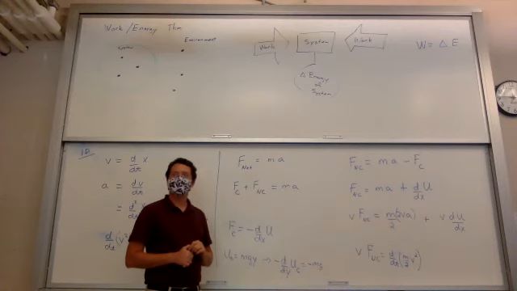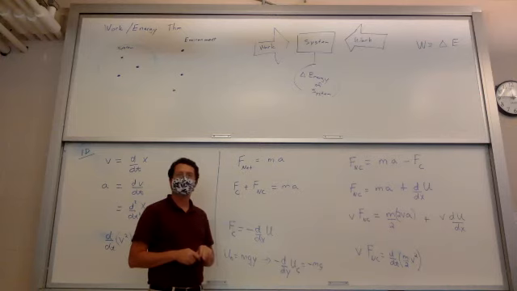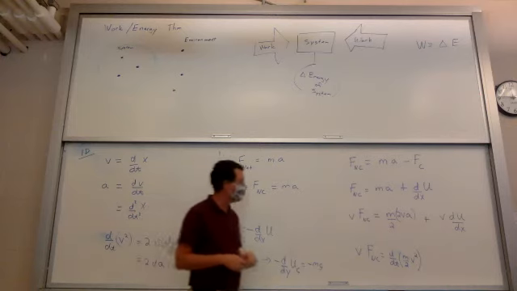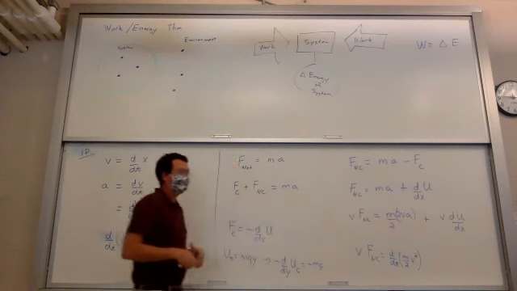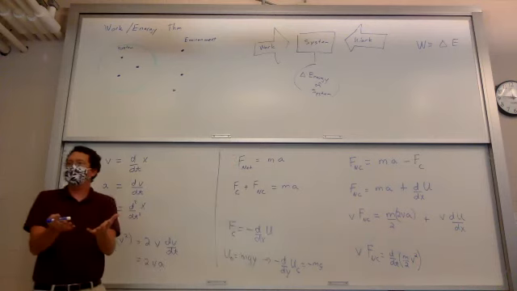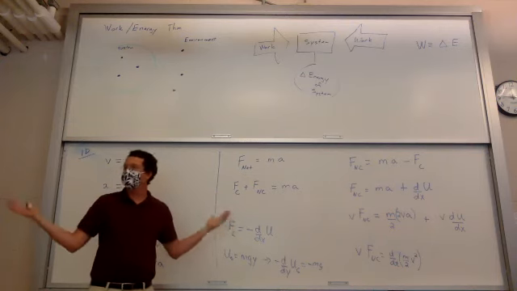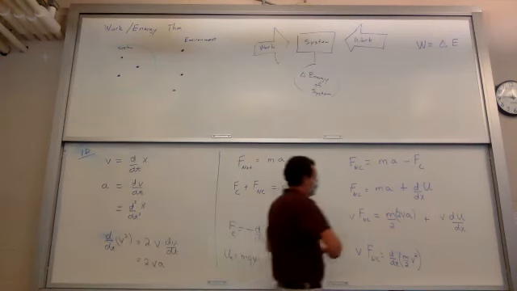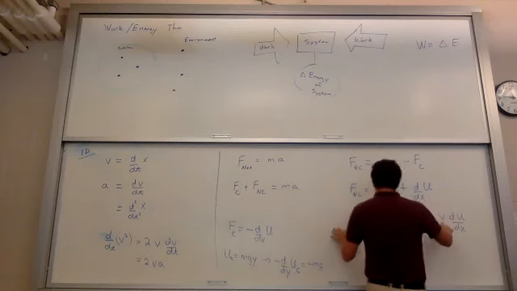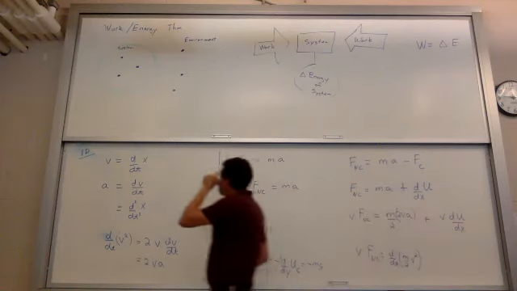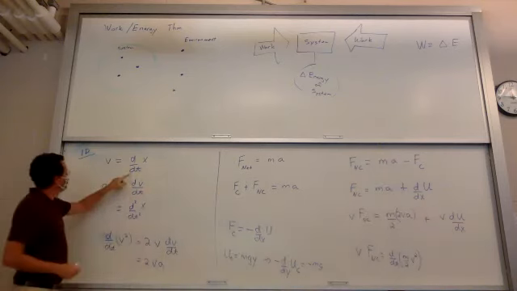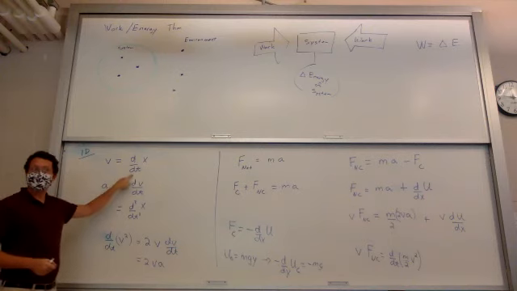What does that start to look like? Half mv squared. What does that look like? Kinetic energy. I'm really just doing algebra to force it into something that looks like kinetic energy, and then we'll just let the chips fall wherever they are. And then over here, I'm going to write the velocity like this, dx dt.